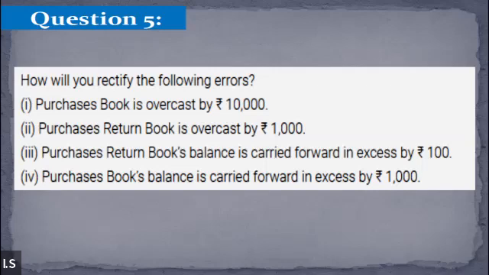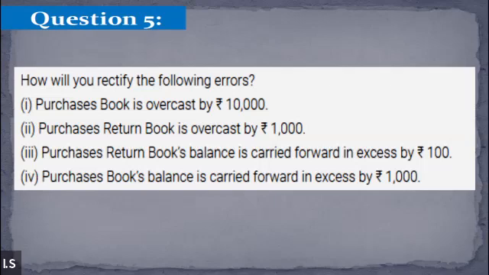What kind of balance does the purchase book have? Purchase book always has a debit balance, right? Yes. So whenever it is written that we have overcast the purchase book by 10,000, that means we have recorded 10,000 in excess of what should have been recorded. So the purchase account has been debited by 10,000 extra.